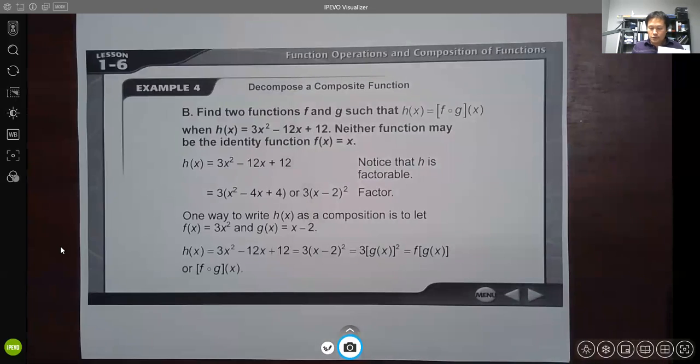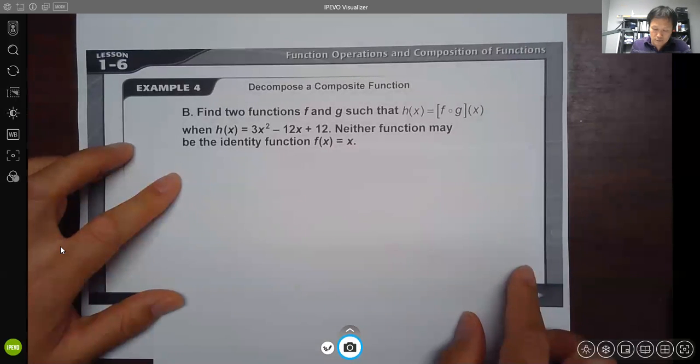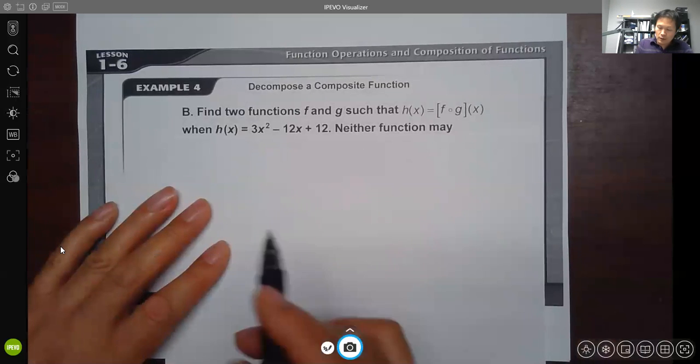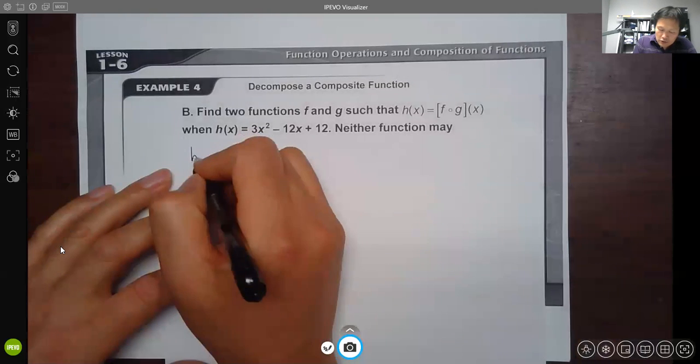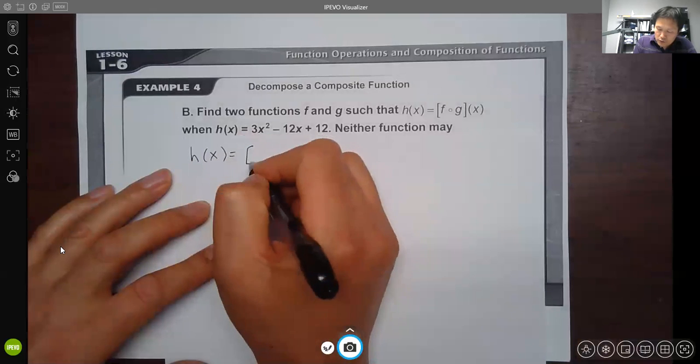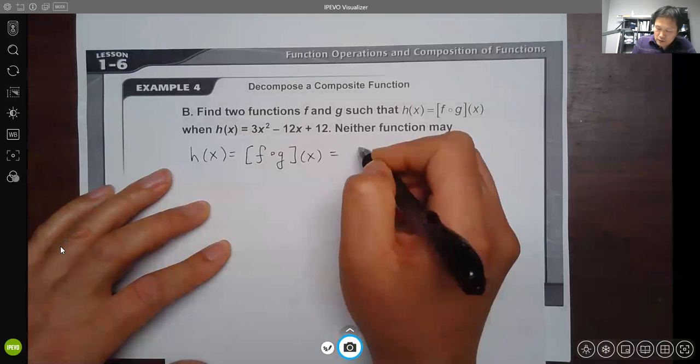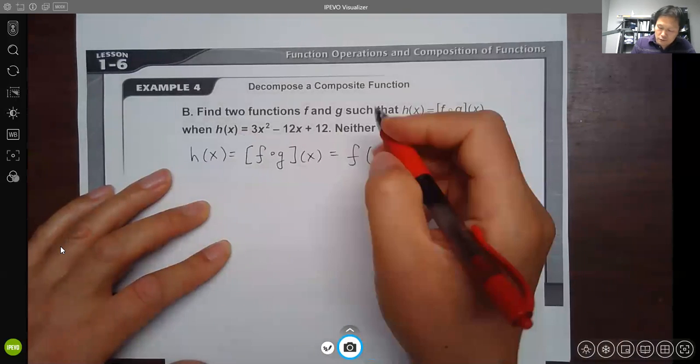Okay, they are asking to decompose this. So again, h of x equal to f of g of x.